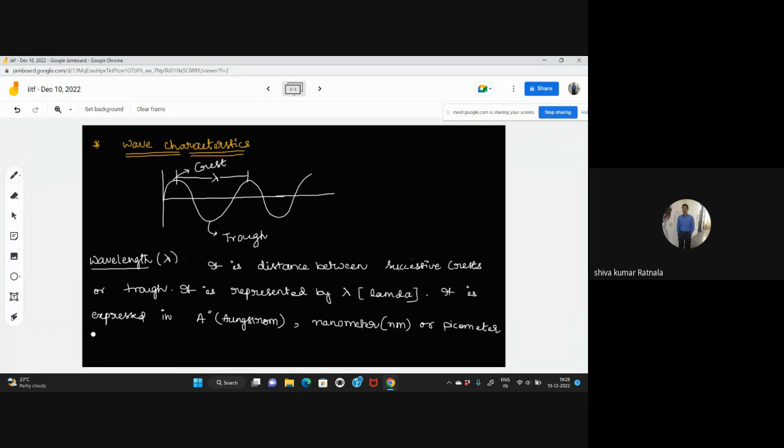Okay, picometer means pm. Okay, generally, what is your doubt, Ranveer? Sir, that means the crest height is equal to trough depth, sir. Yes, yes. Okay, sir. Sir, how much is a picometer? I will tell you. I'm writing that one.